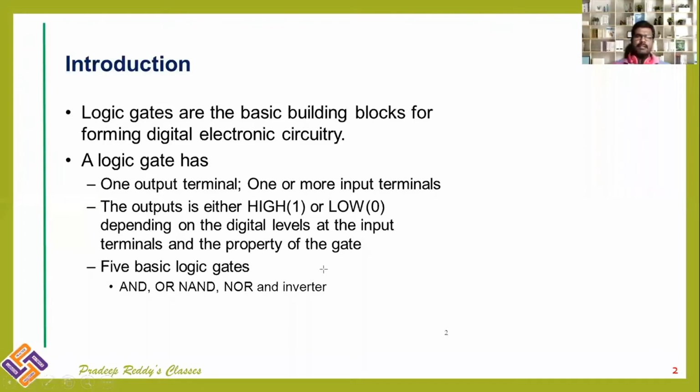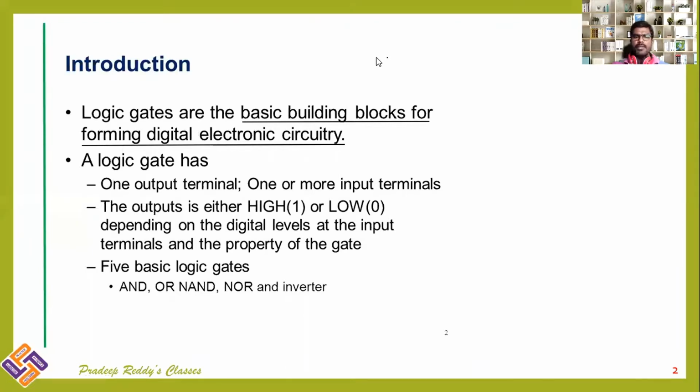Logic gates are the basic building blocks of forming digital electronic circuits. Just like I told you in the introduction, in order to construct most of the electronic devices, we will be using these logic gates.